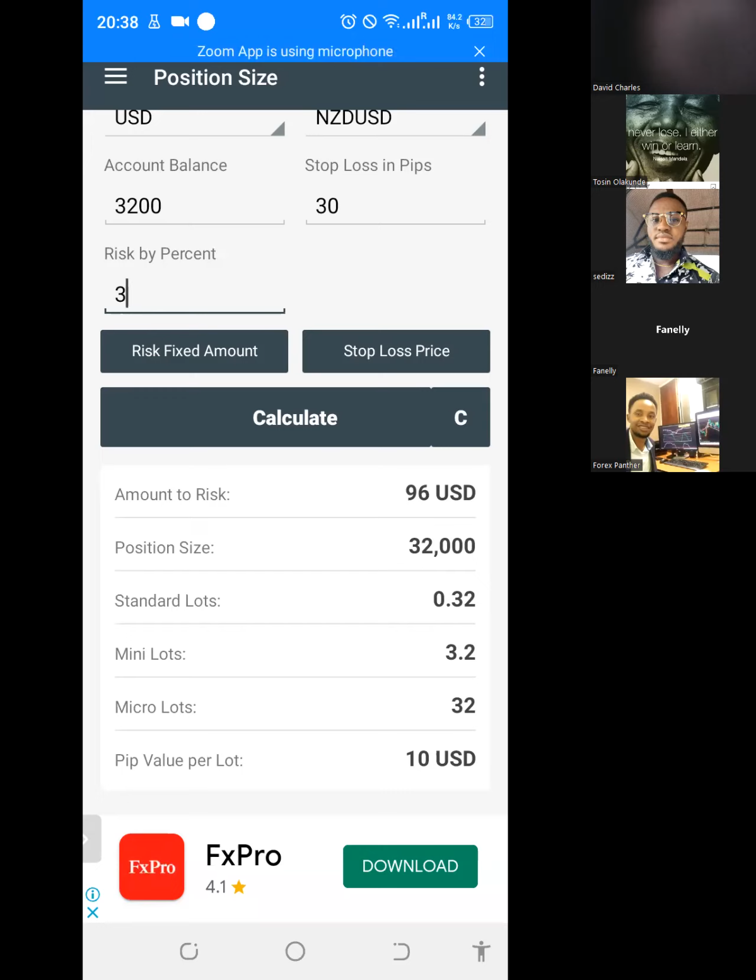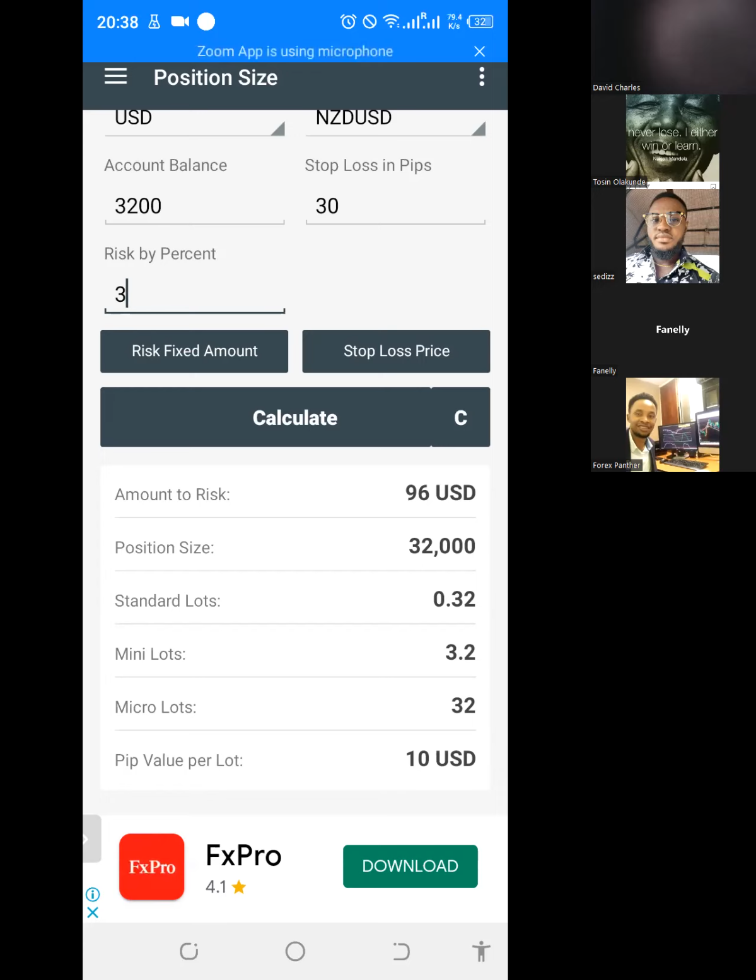We have 30 pips of our stop loss. When we go by 3%, it means we have 30 pips of our take profit, isn't it? Yes.